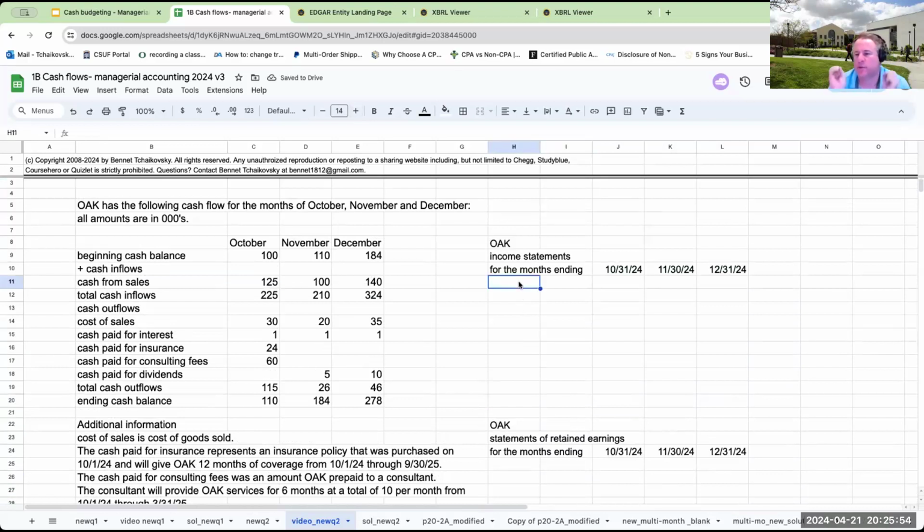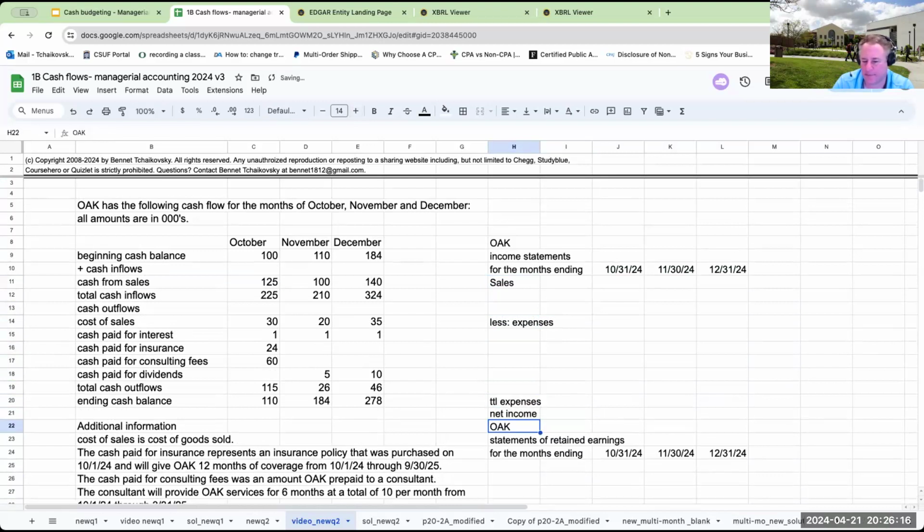Let's start. When we're preparing our financial statements, we generally start with the income statement, right? The income statement would basically be sales, less expenses, then total expenses, and then we get to our net income.